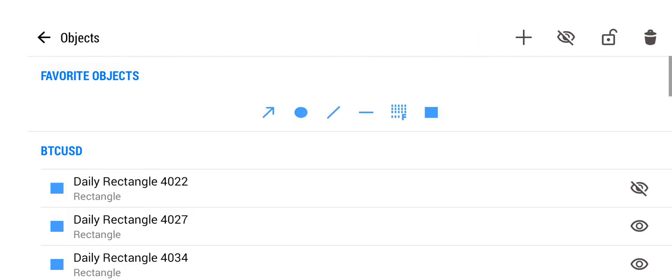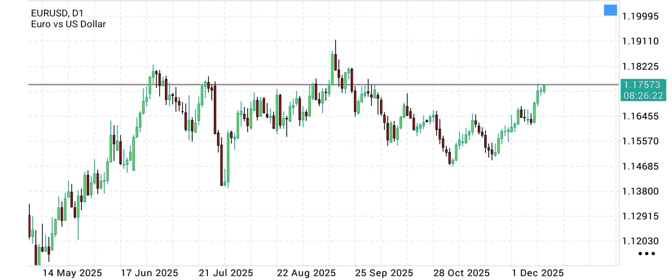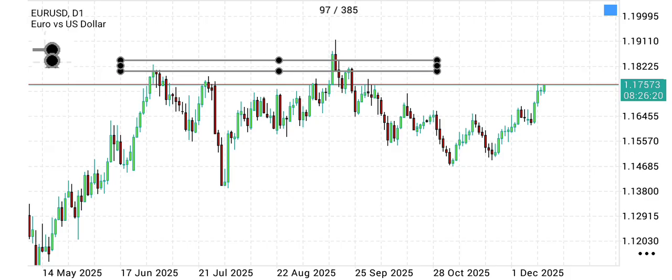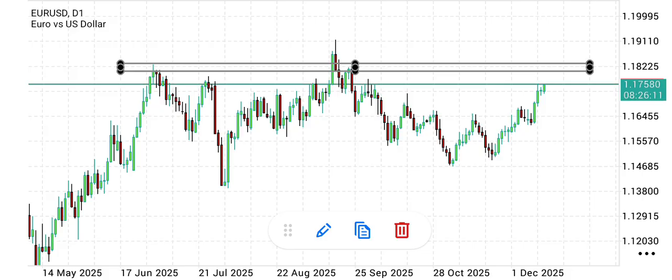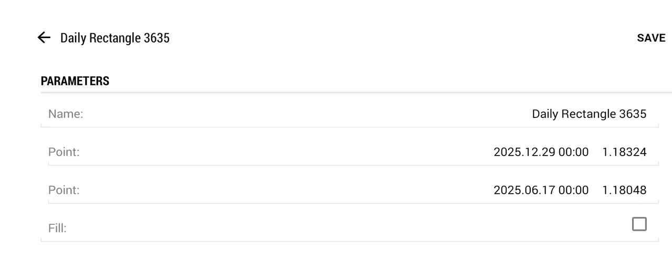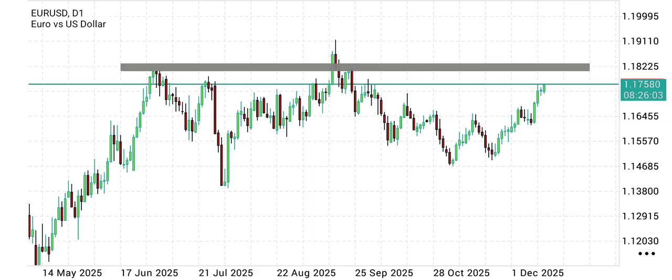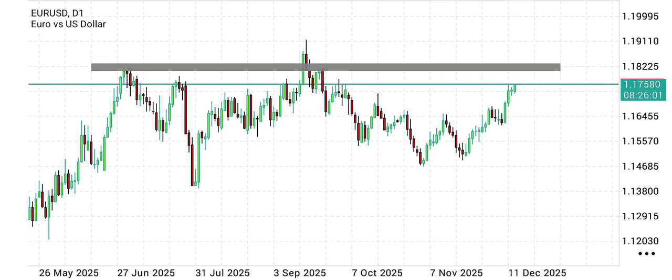So I'm just going to take my rectangle and place it right over here, because you can see that the market was respecting these all-time highs, our resistance zone where the buyers have hopped on.